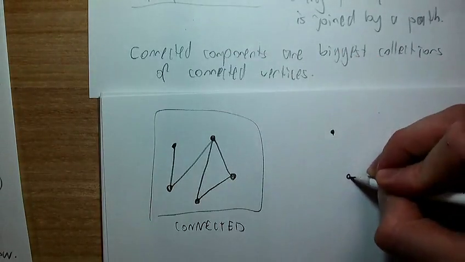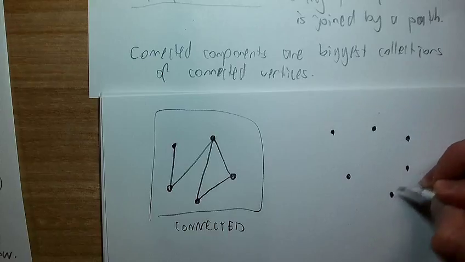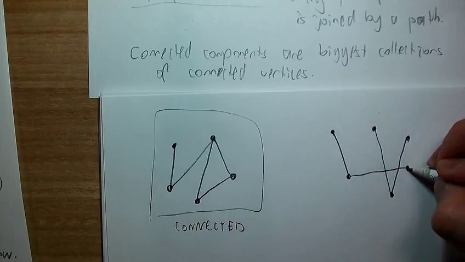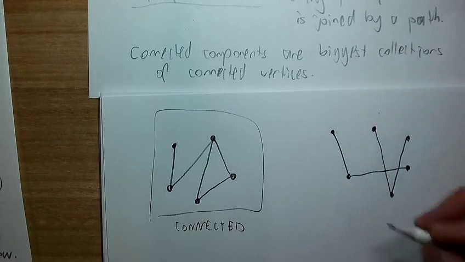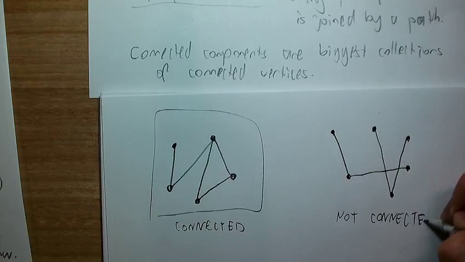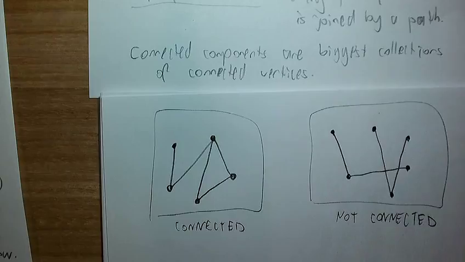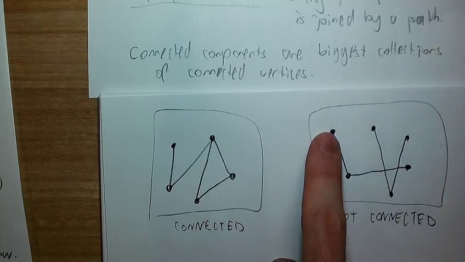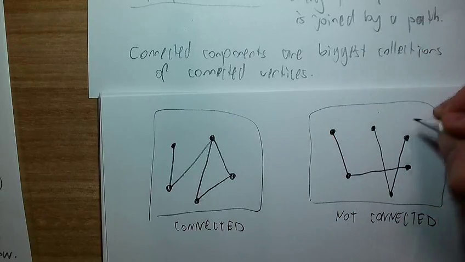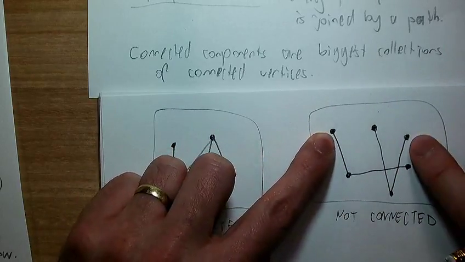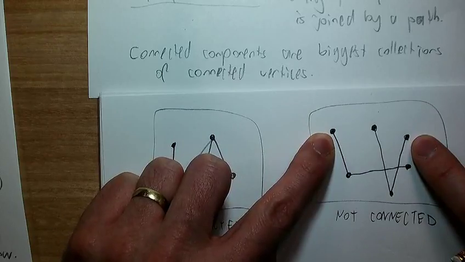And this one's not connected. What it has is this one's got two connected components. I know it's not connected because there's no path from here to here. There's no way of getting from this vertex to this vertex. That's impossible. So it's not connected.